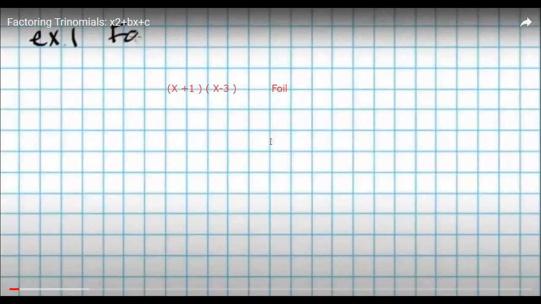the FOIL method? With the FOIL method, we said that F is for first, O for outer, I for inner, and L for last.